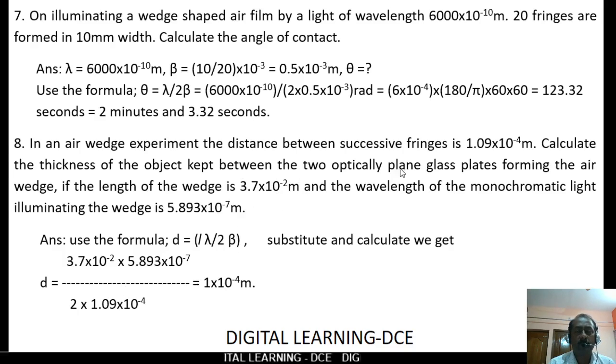Beta is 1.09 into 10 raised to minus 4. The distance between successive fringes is nothing but fringe width beta. On further calculation, you get 1 into 10 raised to minus 4 meter. This is the thickness of the object.